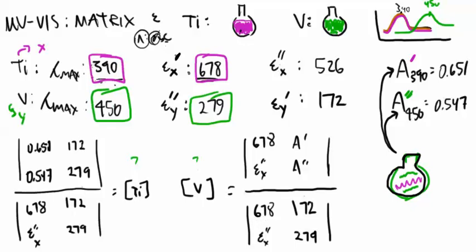And then, finally, I get this E X double prime number. E is a molar absorptivity. X, in this example, represents titanium, and double prime means titanium that was run at vanadium's wavelength.